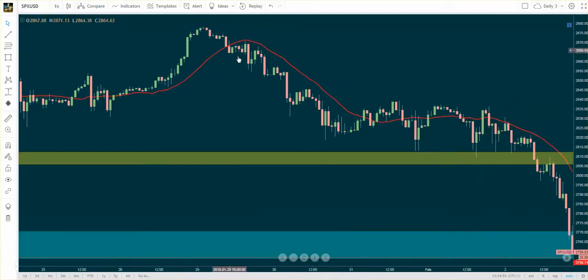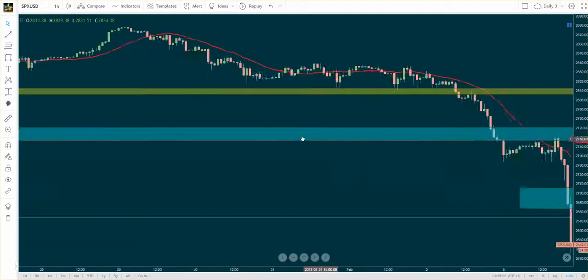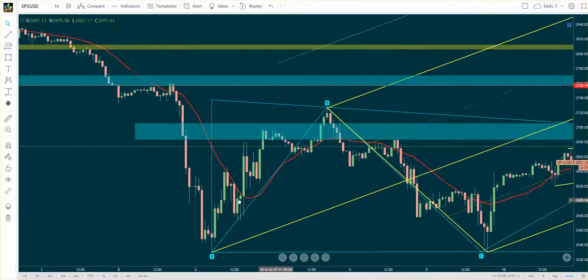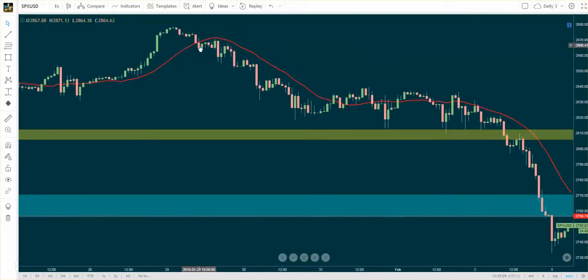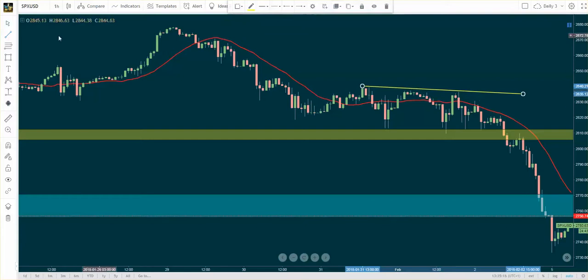here we didn't have these red candles. We did have some red candles like this one, and here also, more or less, but we didn't have anything like this. And then after having these red candles here, we had something like this.